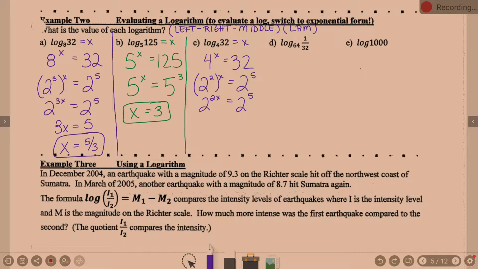If my bases are the same, what do I get to do? Math. We're going to drop the bases and set exponents equal to each other. 2x equals 5. If 2x equals 5, divide by 2, and x is 5 over 2.